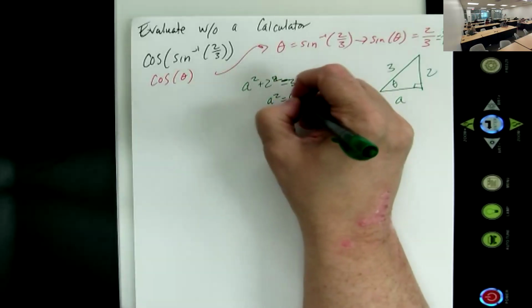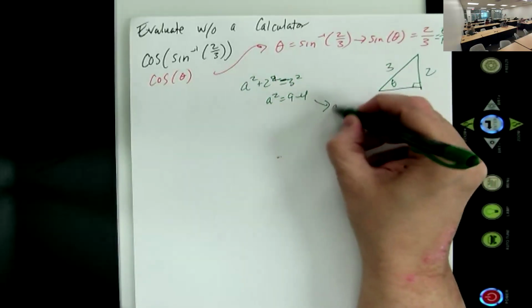A squared equals 9 minus 4, so A equals square root of 5.